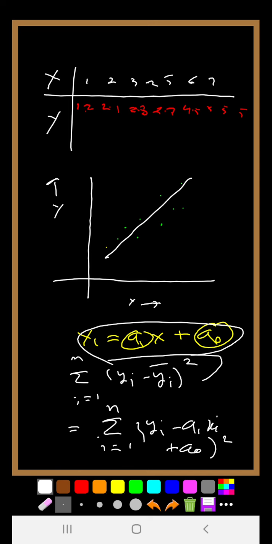Now in the second case, we assume that the straight line is represented by the equation x = b1 y + b0. That means the opposite one. We make the dependent and independent variables interchange.